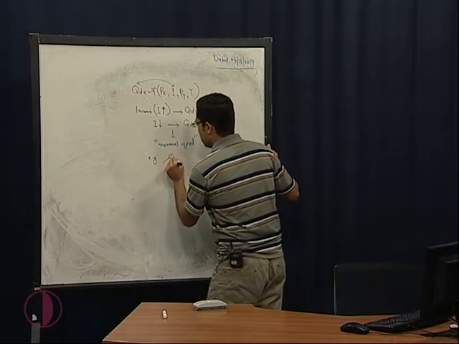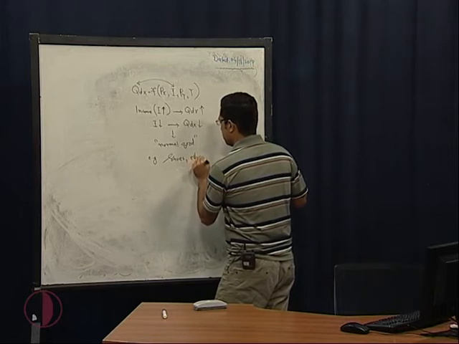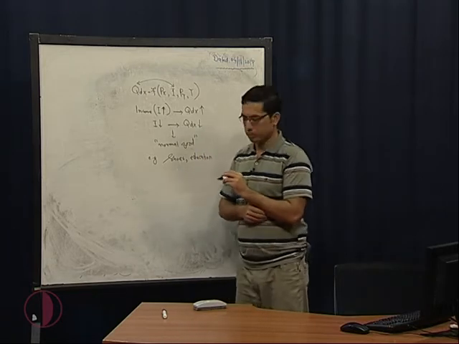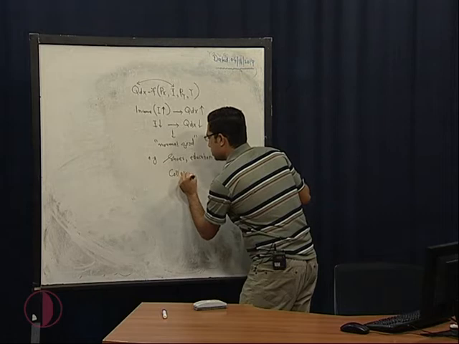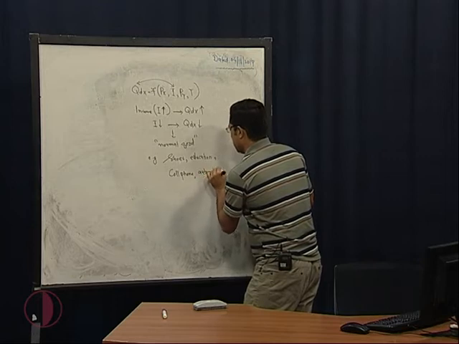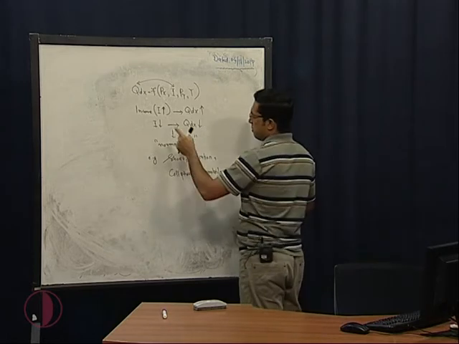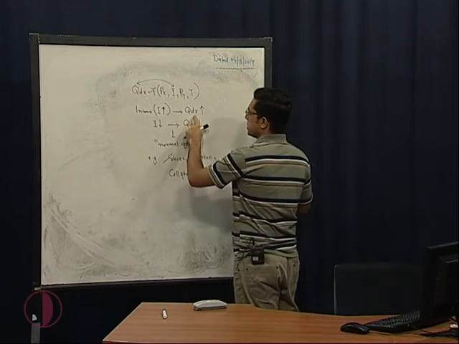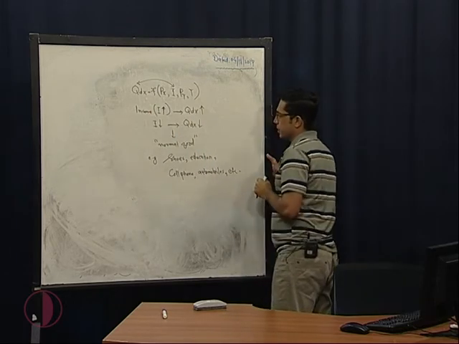For example, shoes, education, cell phone, automobiles, etc. So it means that for a normal good, the relationship between quantity demanded for a particular commodity X and the income of the consumer is positive.